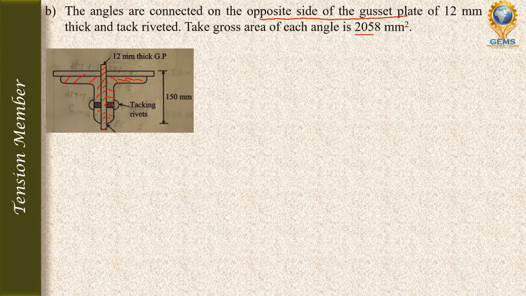So how can we find the tensile strength? PT is equal to area of the net into sigma AT. So how can we find the area of the net here? Because here these angles are acting separately.